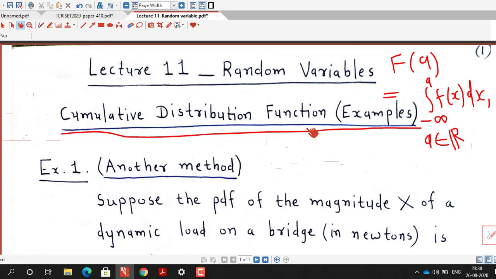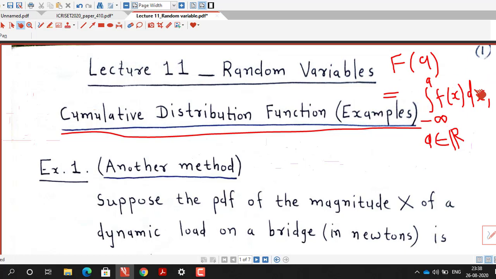The idea of this method is that the definite integral from minus infinity to A represents the area under the curve of the probability density function, known as the density curve, up to the point x equal to A. So if we are able to find the area without integral, then we don't have to go for integral.